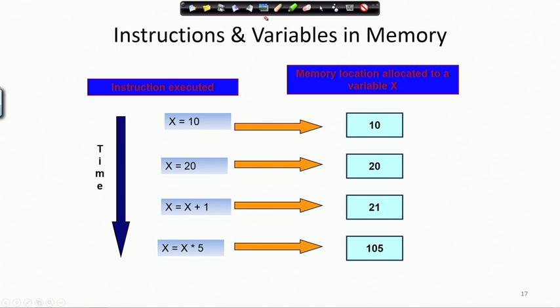Now let us move to this. Here we are executing one instruction after another. In the first instruction, we find that x has been assigned the value 10. Once again, let me come here. This means x is assigned the value of y.